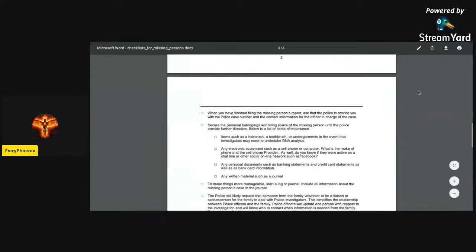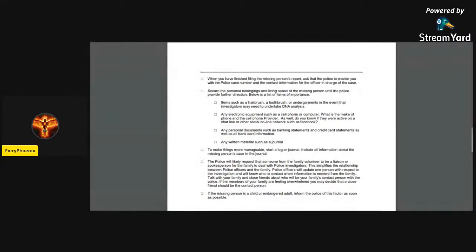Okay, thank you, Stephen. List all the person's friends and acquaintances who the missing person may try to contact. Try to include the addresses and phone numbers. Hey, why not? You never know who they're going to contact.